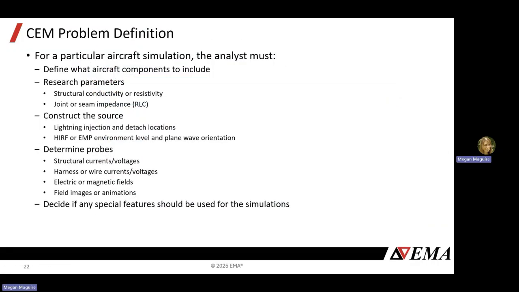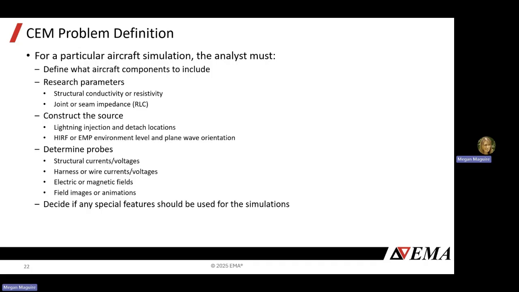So for a particular aircraft simulation, or really most simulations, you need to define what components to include. That's one of the first things that you'll be doing. And then you want to research parameters. So you want to figure out what sort of conductivities and resistivities need to be used for materials, as well as seam impedances. Then you need to decide on the source. So for lightning, you need to define an attach and detach location.